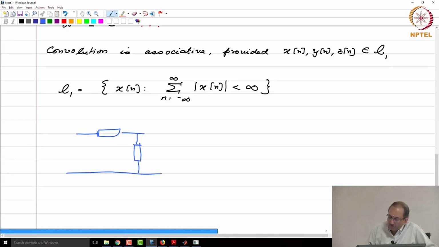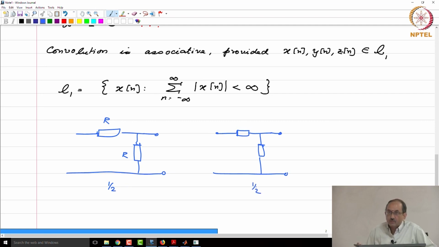if you had a system like this, R and R, the overall gain is half. Here is a system with gain half, here is another system with gain of half.